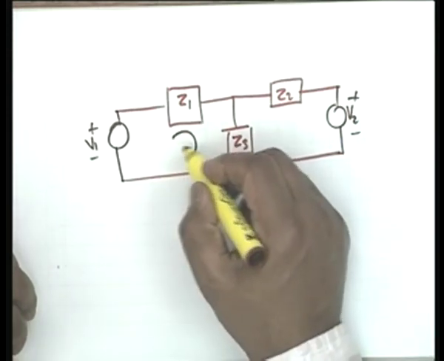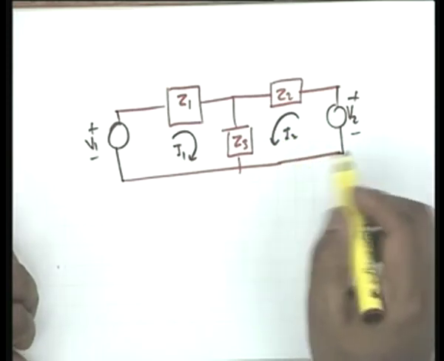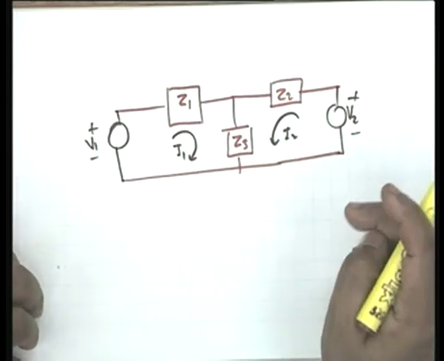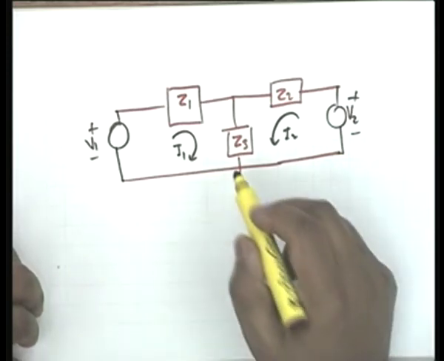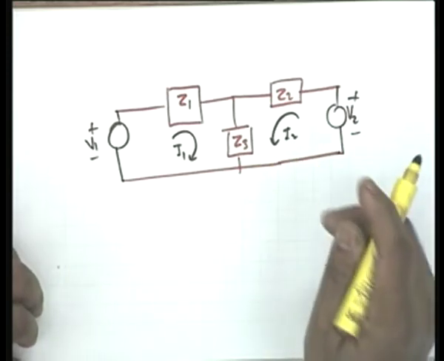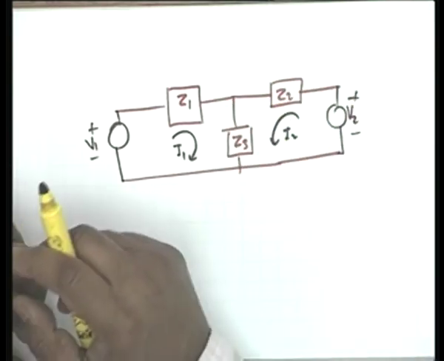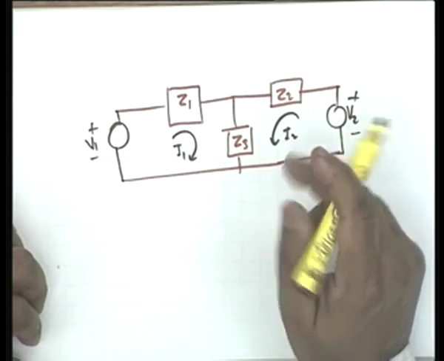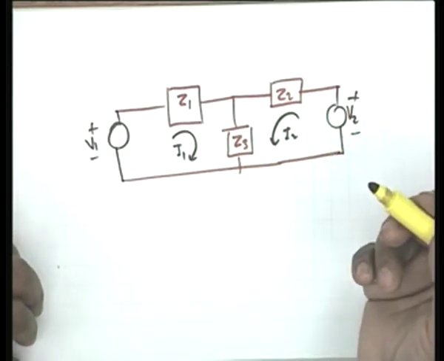Well, there are two meshes, I1 and I2. Write the mesh equations and solve for port 1 and port 2 currents. Here there are only two meshes, there could be more if the network was more complicated. You solve for I1 and I2, and that should give you the 4 Y parameters.